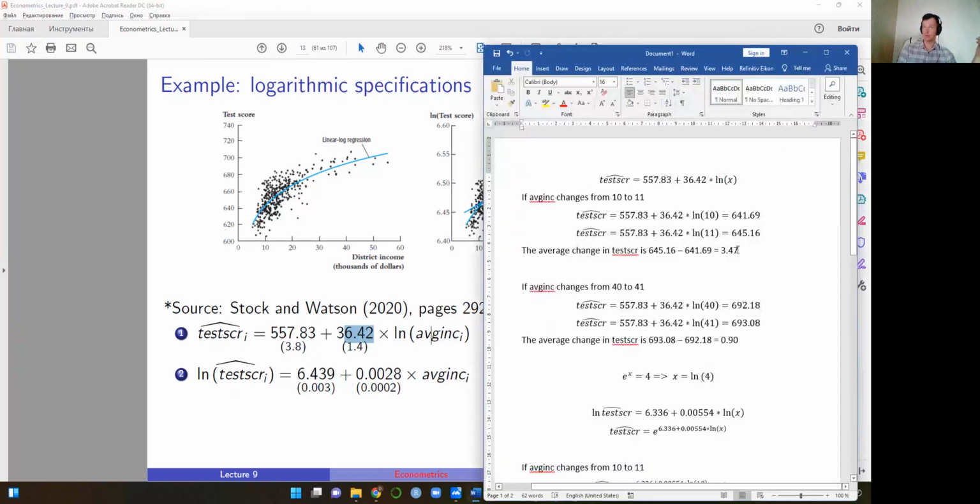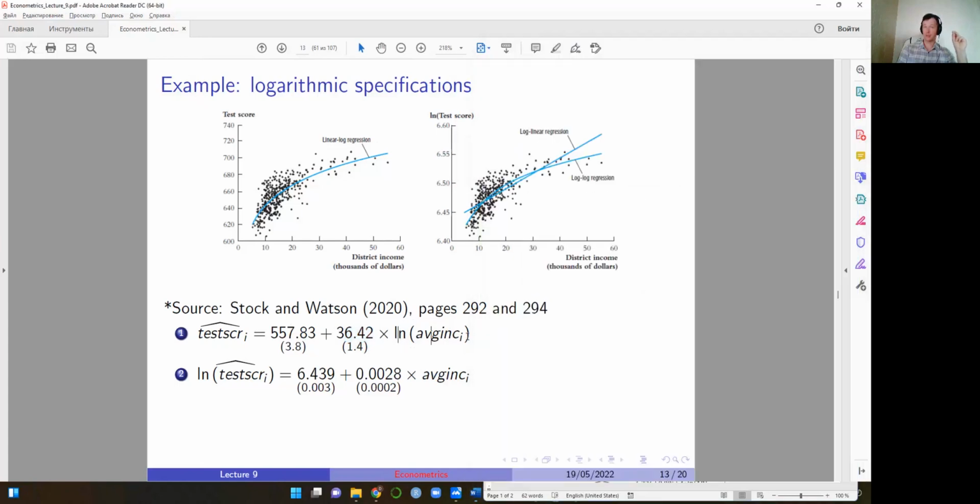But we see that we are missing this a lot, right? So the precision is not that large. Therefore, the correct interpretation must contain small changes in average income, like 1% or 2%. Then we will be closer to this effect.